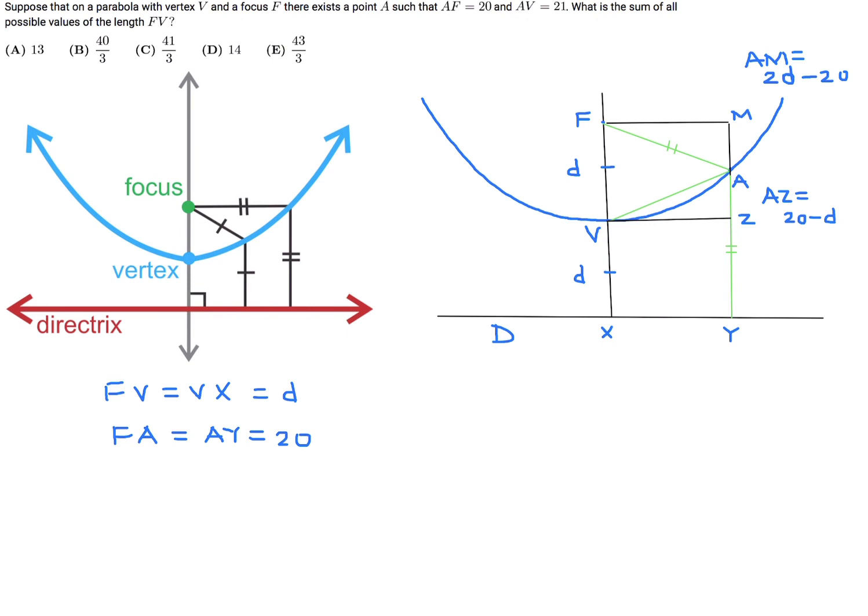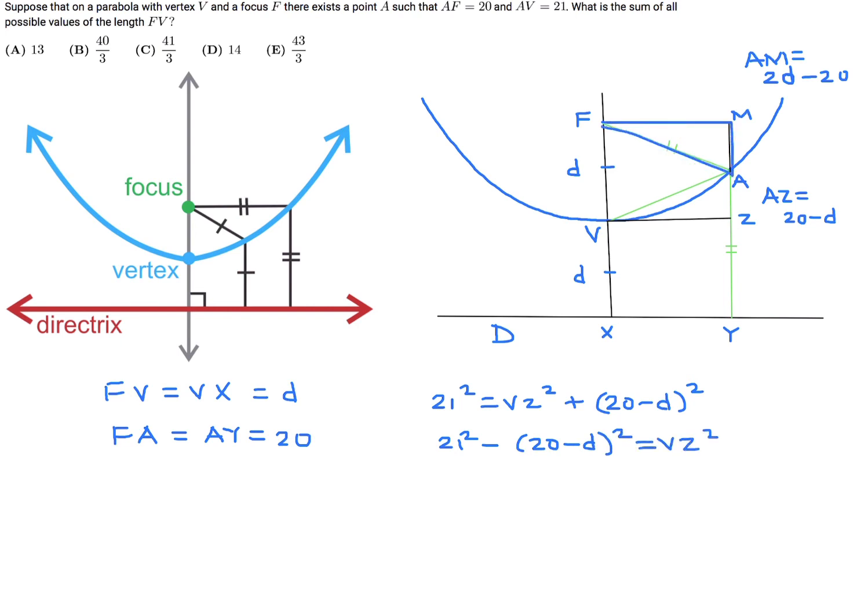So the first one, I'm going to use this triangle right here. And then the next one, I'll use that triangle right there. So from the first one, I get AV, and that is 21 squared, is equal to VZ squared plus AZ squared, which is 20 minus D squared. So that means 21 squared minus (20 minus D) squared is equal to VZ squared.